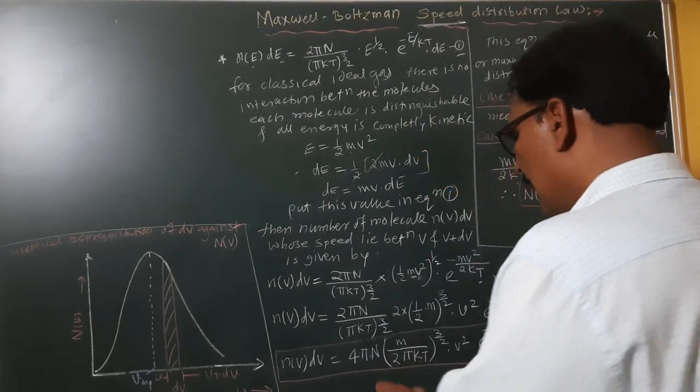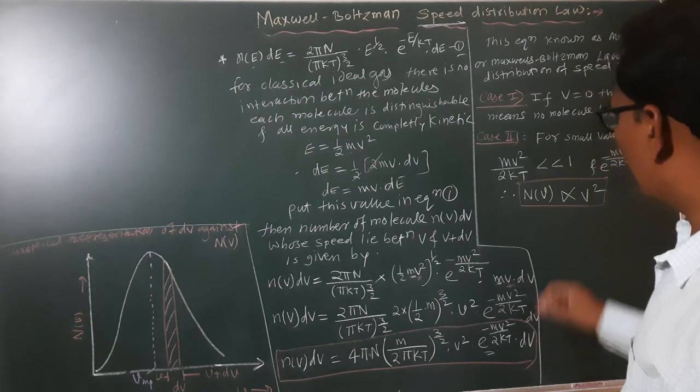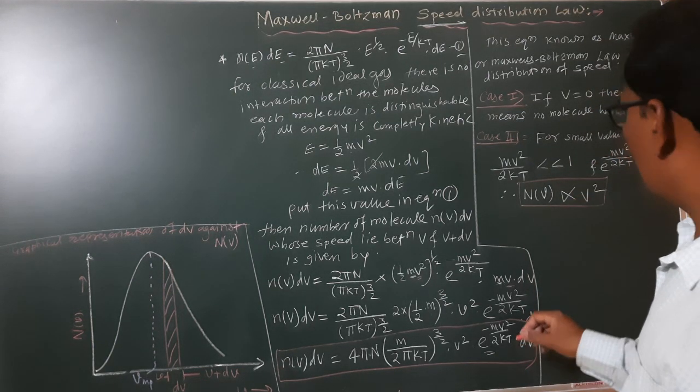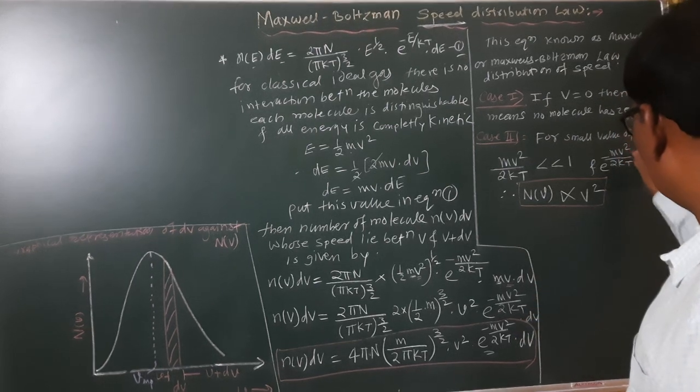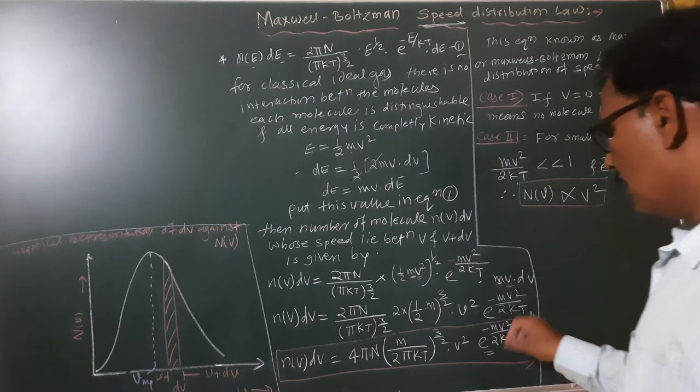This means that the factor m v square upon 2 k t is very, very less than 1, so e raised to this factor is nearly equal to 1.